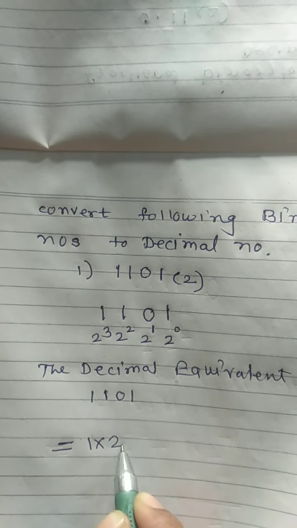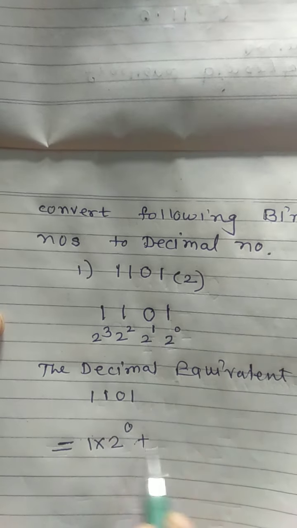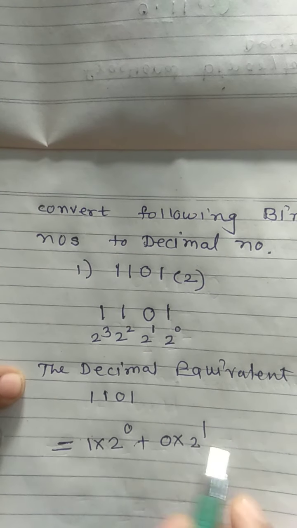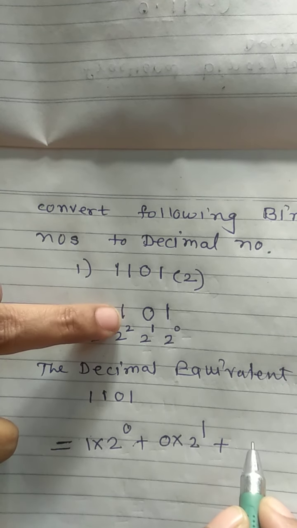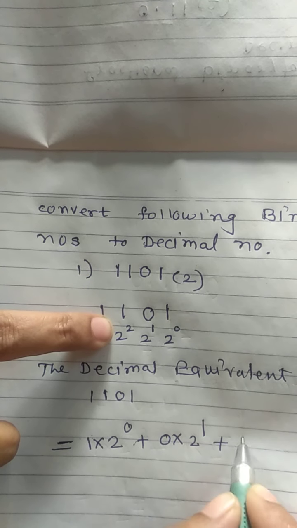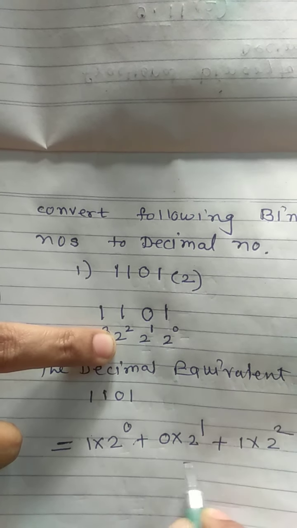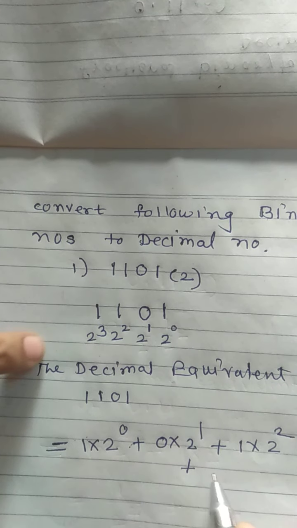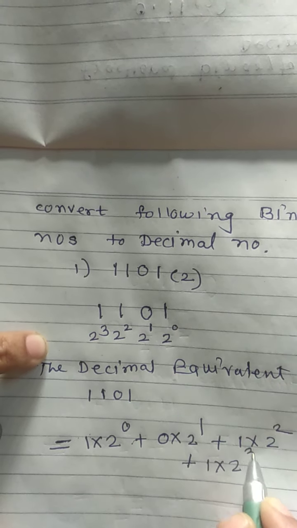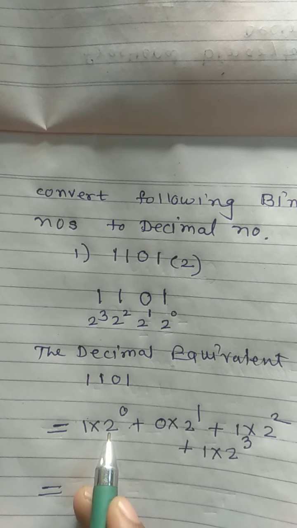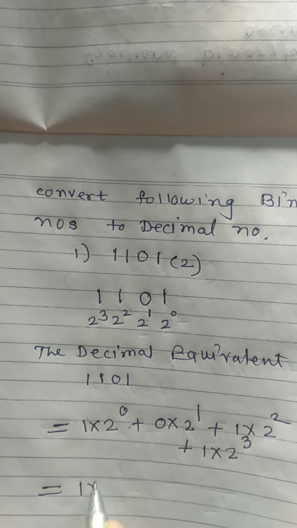1 into 2 raised to 0 plus 0 into 2 raised to 1 plus 1 into 2 raised to 2 plus 1 into 2 raised to 3. Okay? Is equal to 1 into 2 raised to 0, 1 into 1.